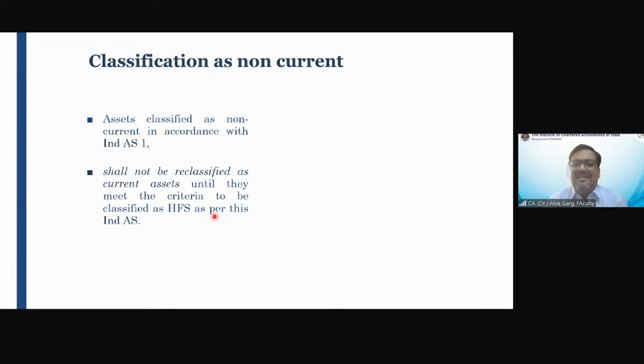Ind AS 105 में दिया है. Okay. So the criteria is given under Ind AS 105. Sir, who will tell us the criteria of Ind AS 105? कौन बताएगा? मैं बताऊंगा. Right? Sir, कब बताओगे? After 5 or 10 minutes.